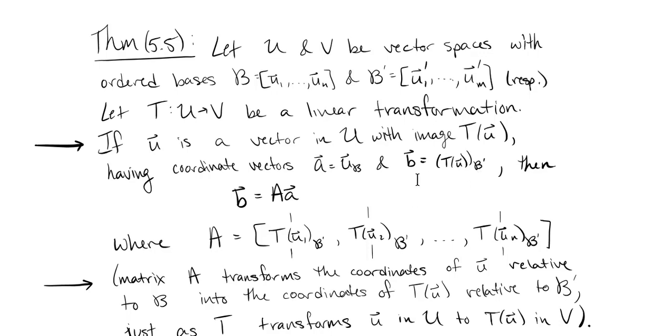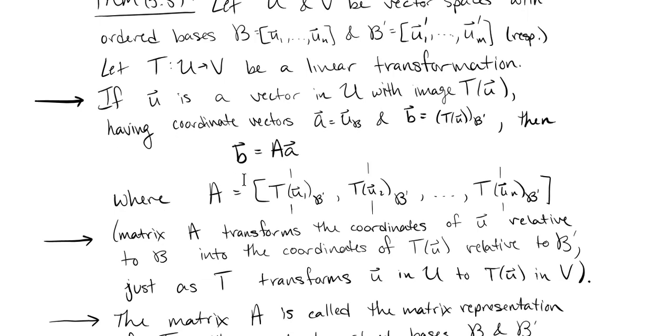Then it turns out the coordinates of the image in basis B prime are just equal to the matrix A times the coordinates of the pre-image in the basis B, right? Matrix A times vector a there.